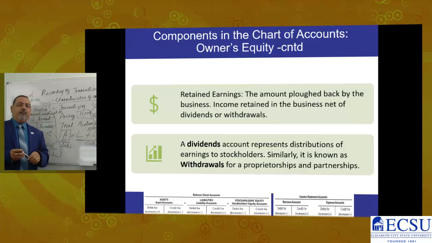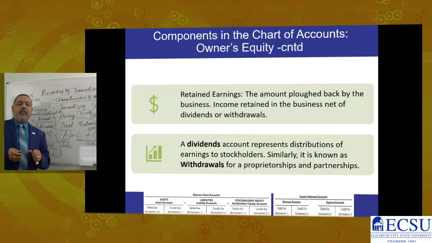Now, the next element in the owner's equity is the retained earnings, the amount which is plowed back. Plowed back means you have reinvested that money into the business to make more money, and it is known as retained earnings. As the name suggests, retained means you have kept it back, and earnings means the amount of money that you have made by running the business.